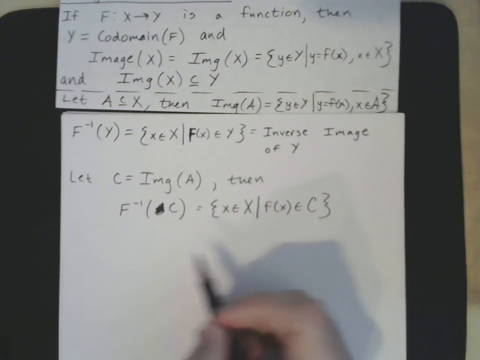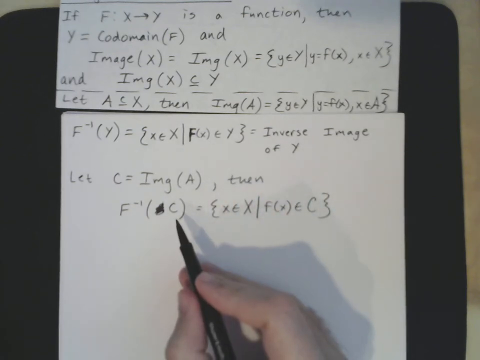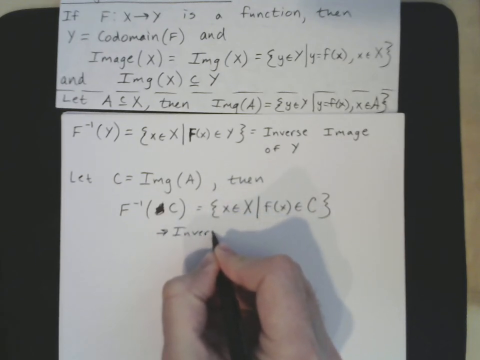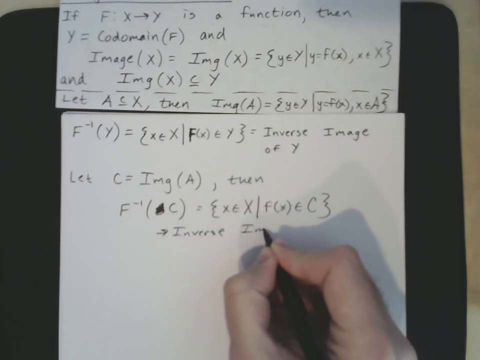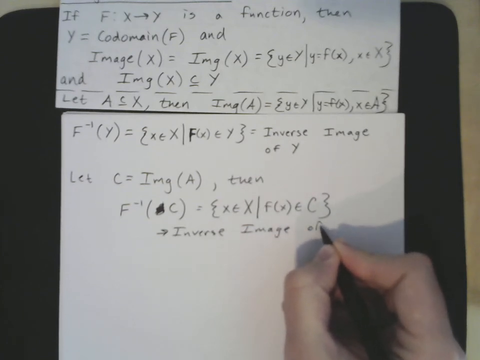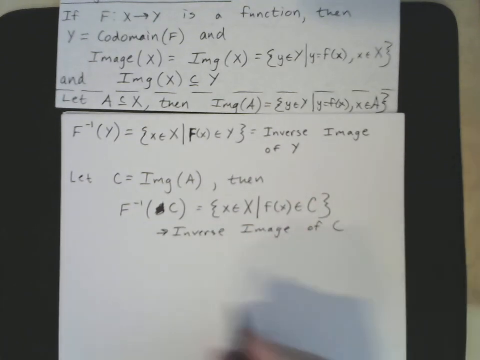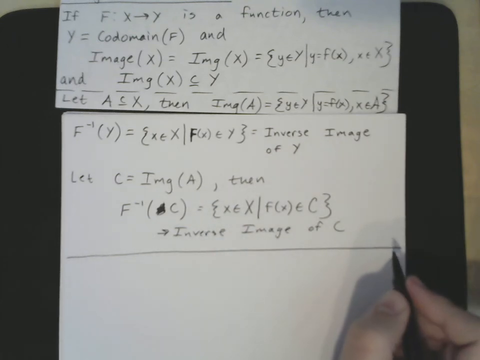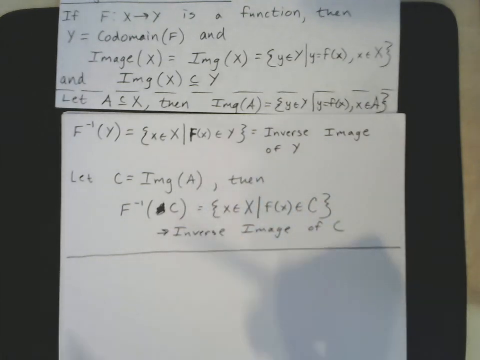And this would be the inverse image of C. So there's some homework problems that take you through these and work with these images, codomains, functions to get you kind of used to how these sets work.